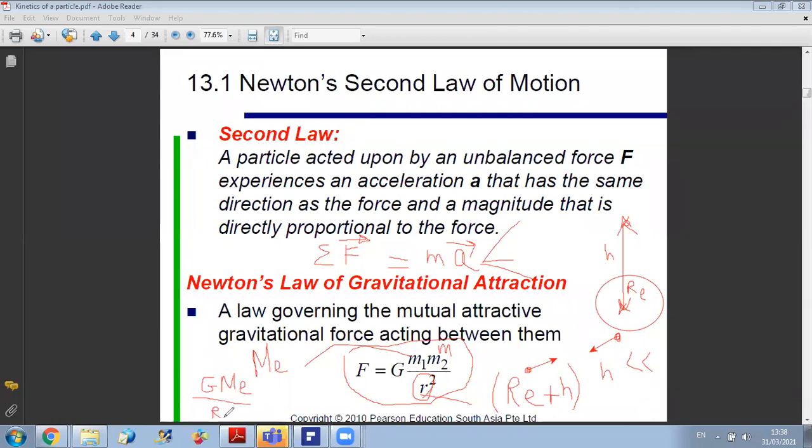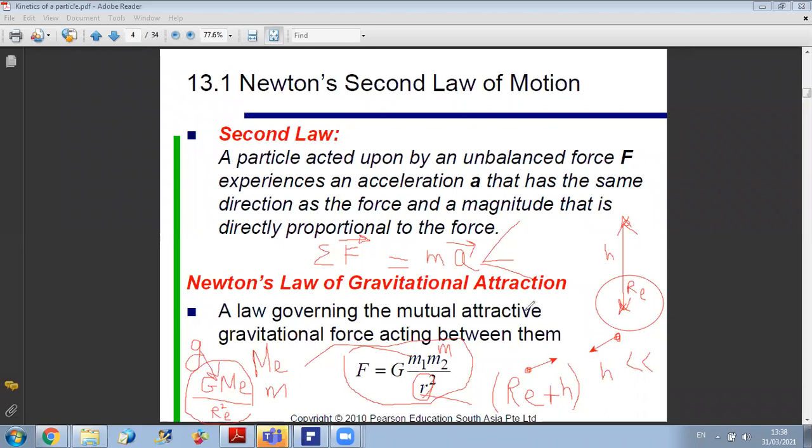We get small g, the gravitational constant g. Because in general we know that the weight is g times m, small g times m. And this g comes from this relation.